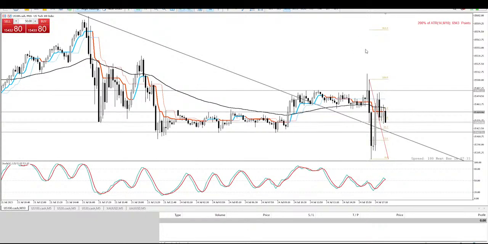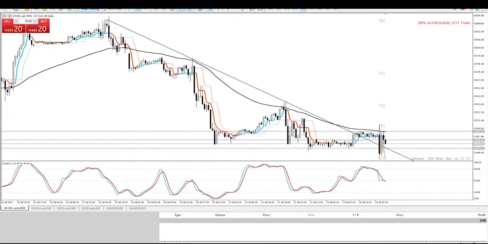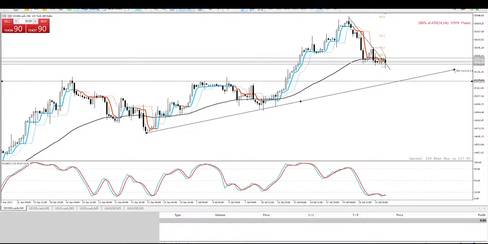Are we getting some momentum here on the NAS? Yes, like I was saying earlier, if NAS does break down here, we could look for this level here, 240.